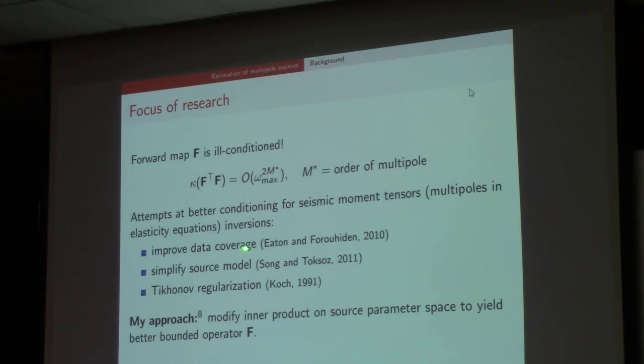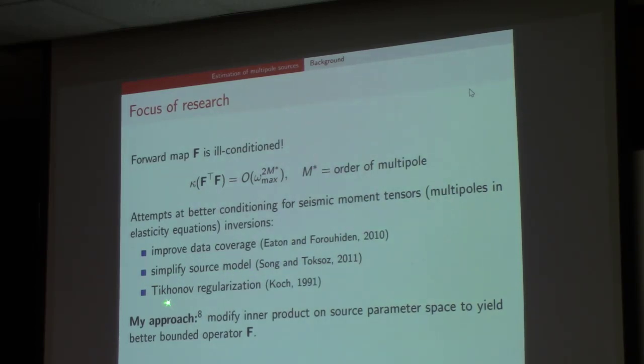That's a bit of a no-brainer, but you might be constrained by what you can do in terms of the engineering to get better data. The second thing you can do is simplify the source model. If you simplify the source model, then the problem is better conditioned. True, but then you lose all the anisotropy that you wanted to account for. So that's not something that we want to aim for.